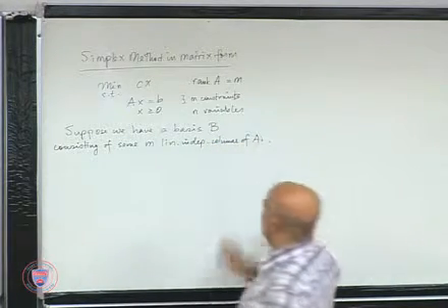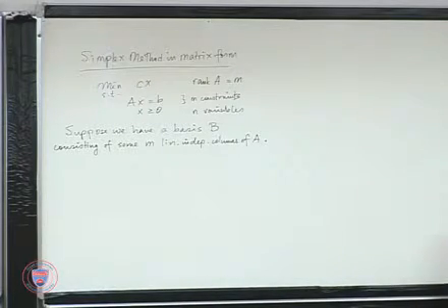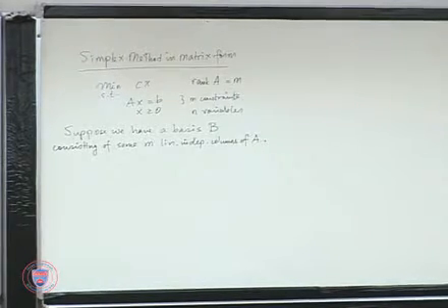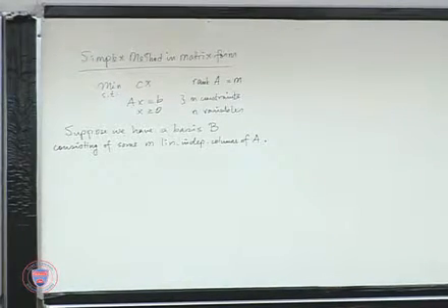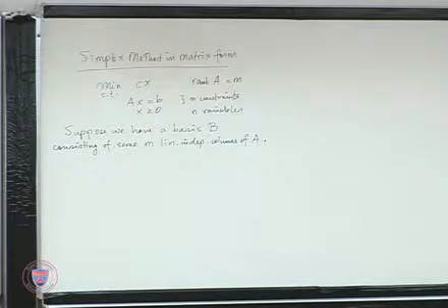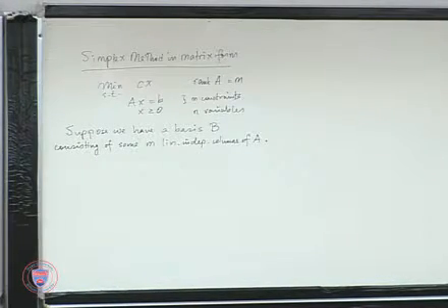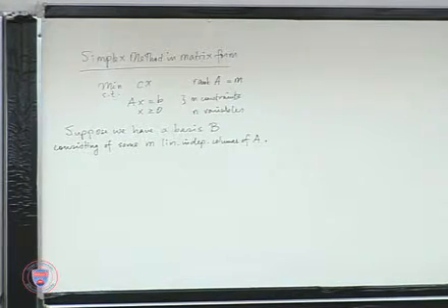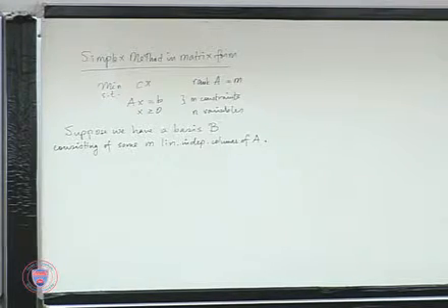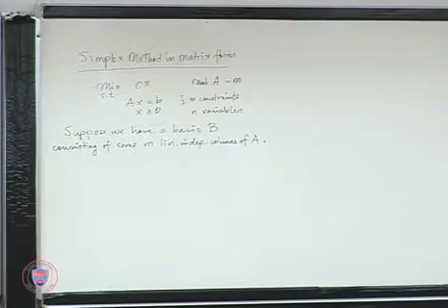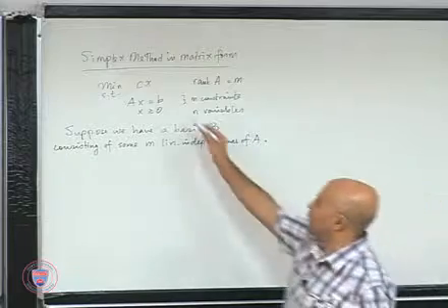So I'm going to assume that we have a basis B consisting of some M linearly independent columns of A. There is a theorem which told you that taking N active constraints that are linearly independent will tell you that N minus M of them will have to come from the non-negativity part because M of them come from here.